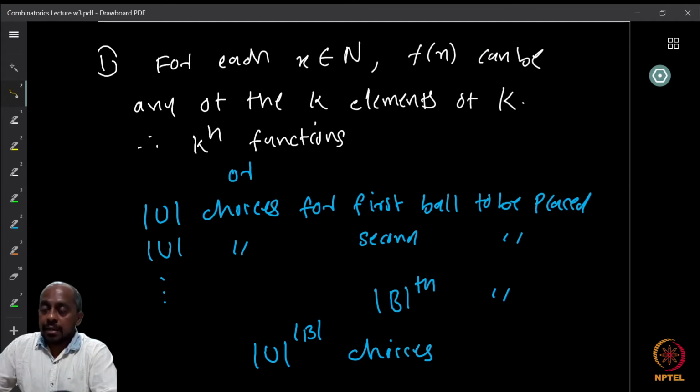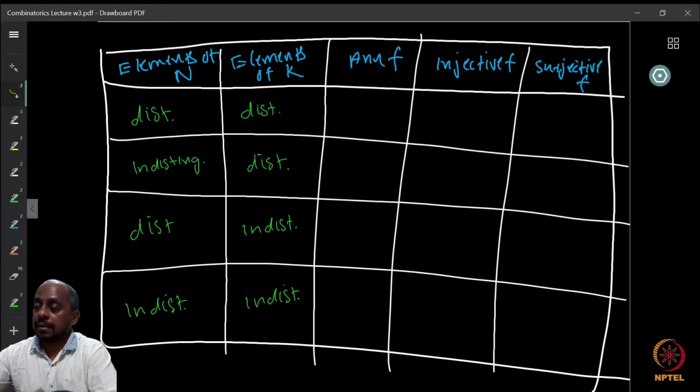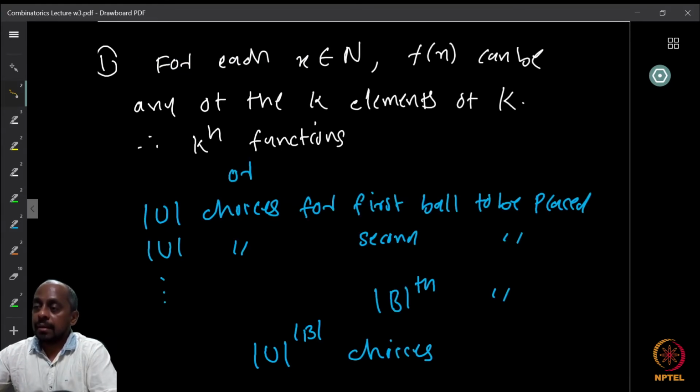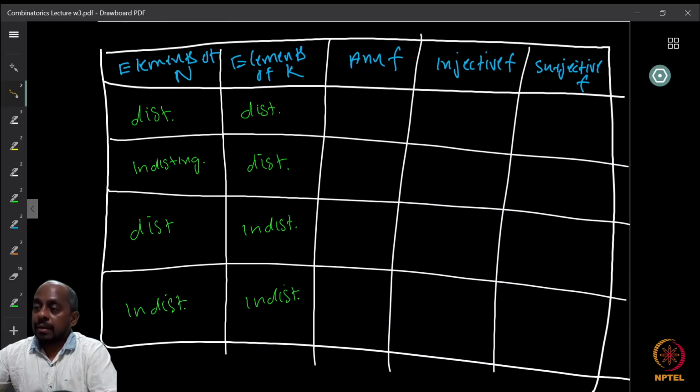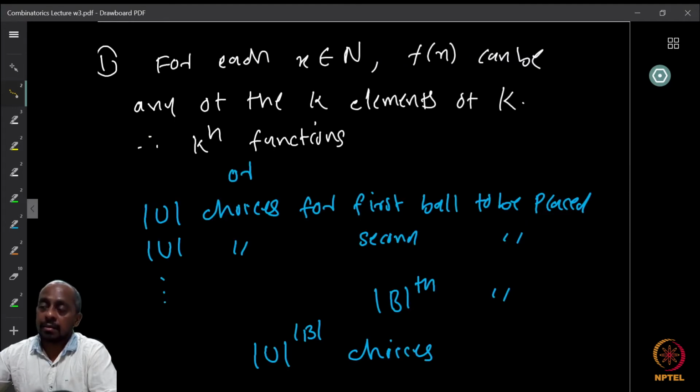The first case, right? So what is the first entry here that we want to fill? That is that we have distinguishable elements, right? Distinct elements in N and labeled elements in K also. And then we want to say any function. So if the function is any function, then obviously we have already done this. That is one of the first questions that we did.